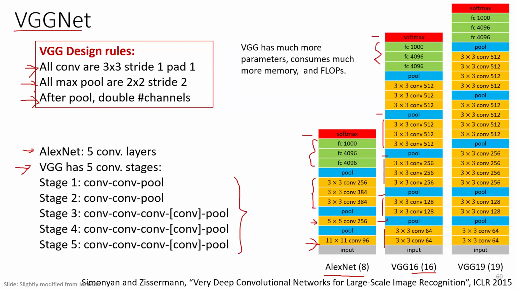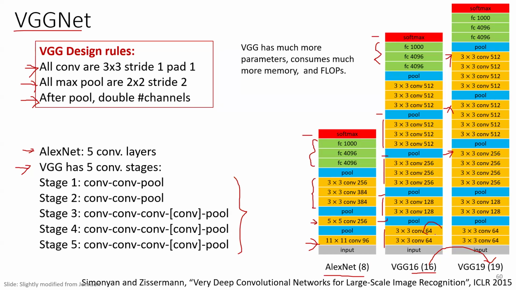Now from 16, if you want to go for a 19 layer network, a similar structure is kept, but they add one more convolution layer, one more convolution layer, and so on. One more thing is the number of channels is doubled after each pool.